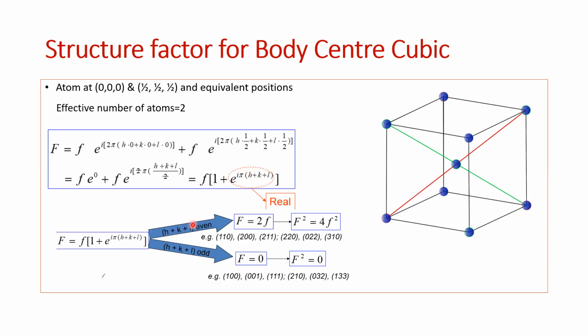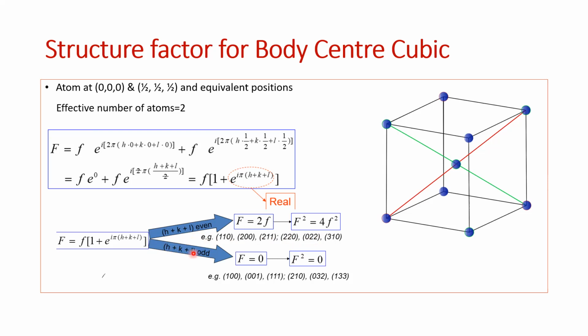So we have two cases: when h plus k plus l is even and when h plus k plus l is odd. When h plus k plus l is even, this becomes 1. So we get F equals 2f, and F square is equal to 4f square. And the planes are 1, 1, 0, 2, 0, 0, 2, 1, 1. These are planes whose h plus k plus l sum is even.